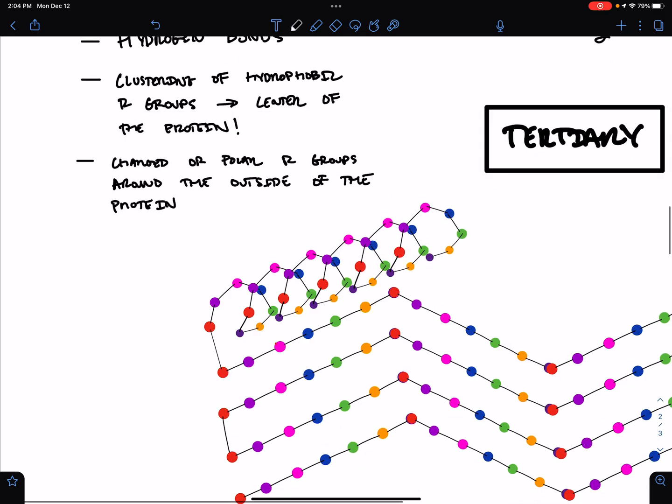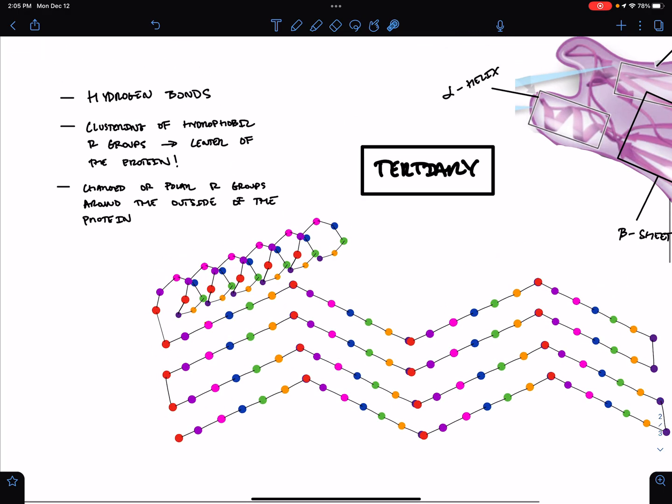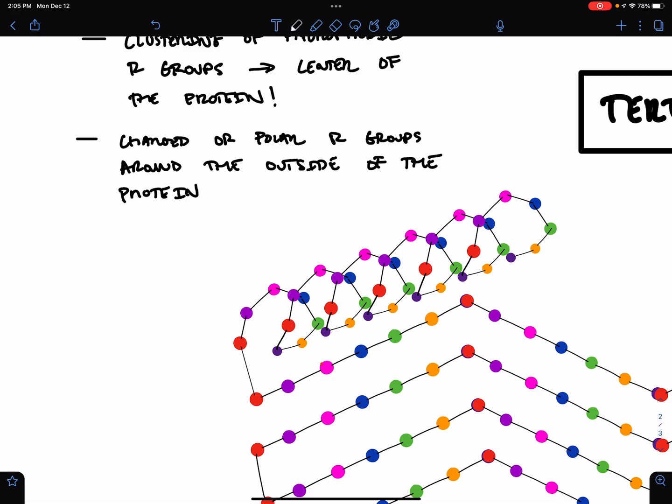And the last type of bonding that holds together tertiary structure is called disulfide bridges.